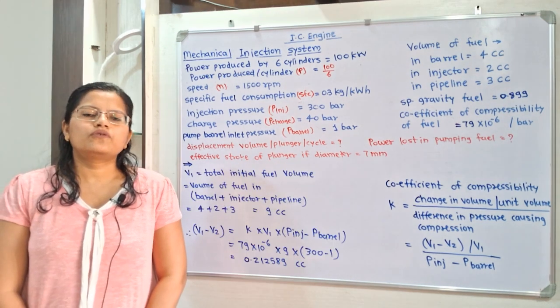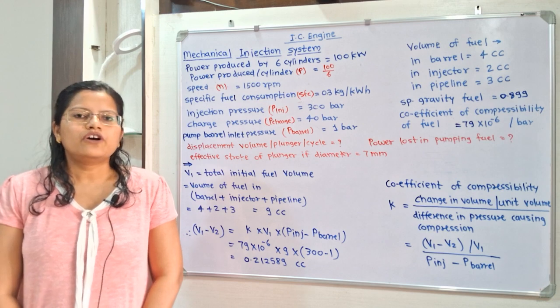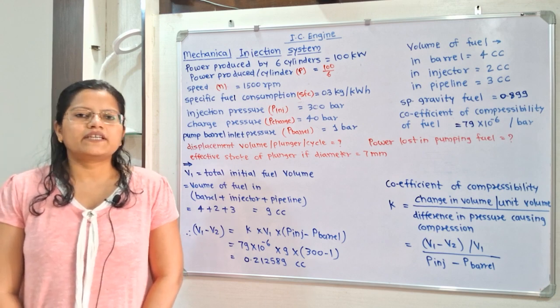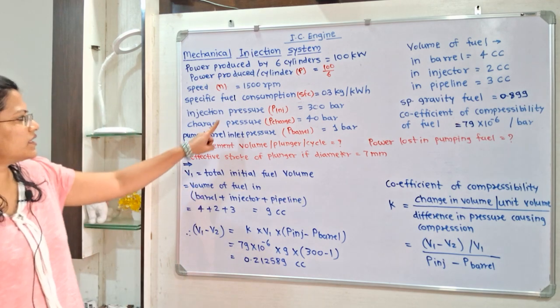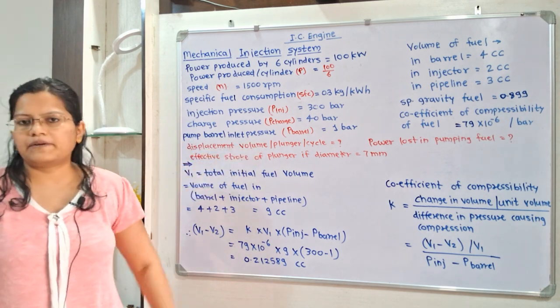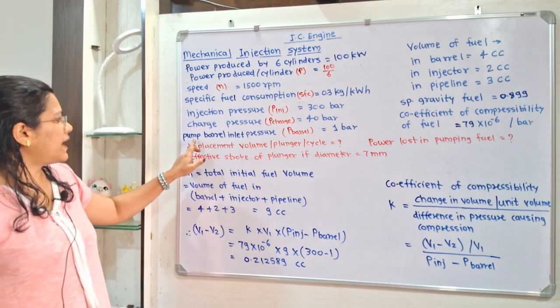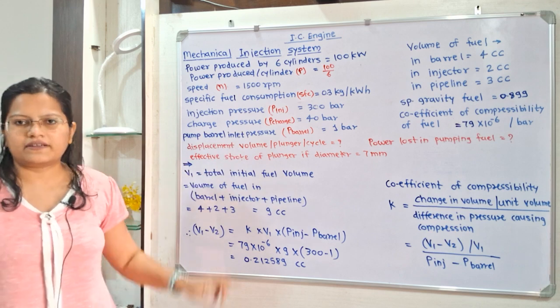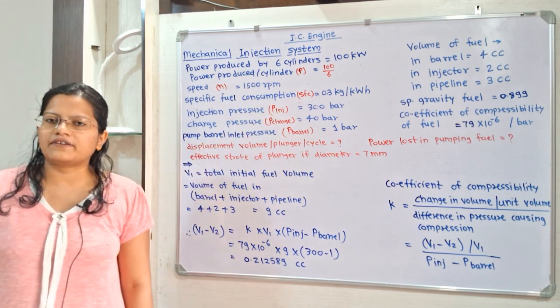Now we will move to the formula of the coefficient of compressibility. Compressibility is because of the pressure difference between the injection pressure and the pump barrel inlet pressure. The pressure is minimum at the inlet of the pump barrel, and the injection pressure is higher.